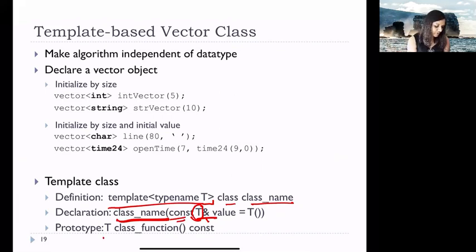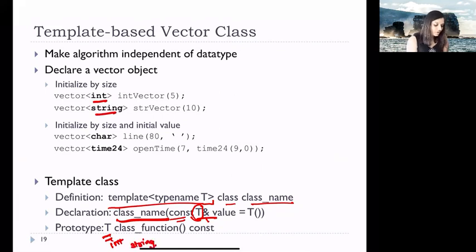The prototype uses the word T instead of any specific data type like int, float. So whenever you call that function prototype using any particular data type, it knows it needs to replace this capital T with that. If you're calling it with int, it will replace T with int. If you're calling it with string, it will replace T with string.